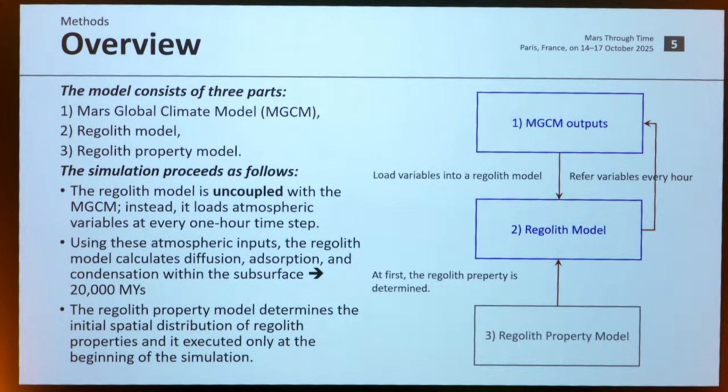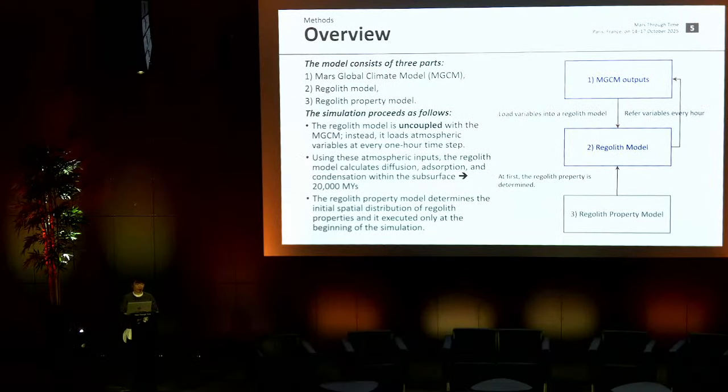Using these atmospheric inputs, the regolith model calculates diffusion, adsorption, and condensation within the subsurface. That calculation continues for 20,000 Martian years to obtain the steady state of adsorbed water. And the regolith property model determines the initial spatial distribution of regolith properties, and it is executed only at the beginning of the simulation.